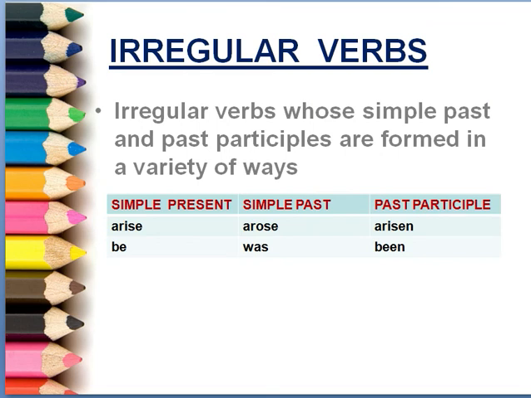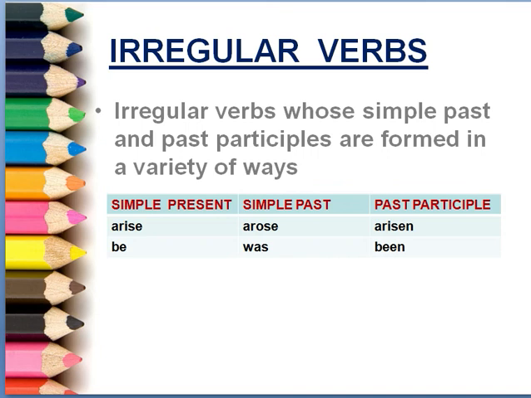Irregular verbs. Irregular verbs, those simple past and past participle, are formed in the variety of ways. And irregular verbs are those that don't follow the normal rule of adding d, ed or ied to form their past simple and past participle.